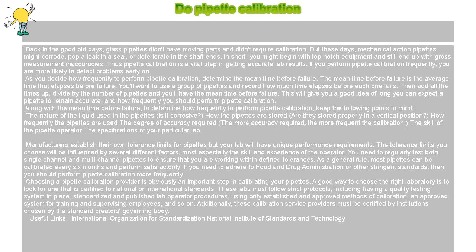The mean time before failure is the average time that elapses before failure. You'll want to use a group of pipettes and record how much time elapses before each one fails. Then add all the times up, divide by the number of pipettes, and you'll have the mean time before failure.